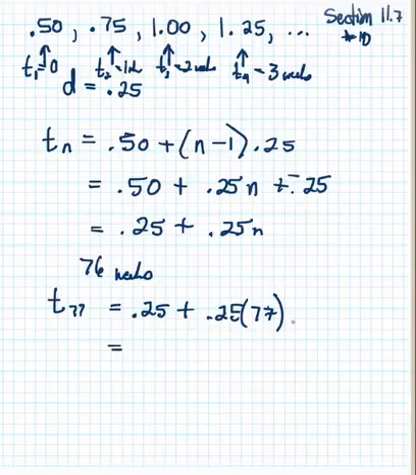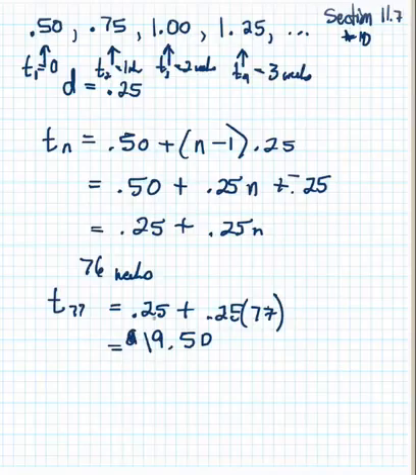Let me do that on the calculator. We're going to get 0.25 plus 0.25 times 77. We get $19.50 at the end of the week. $19.50.